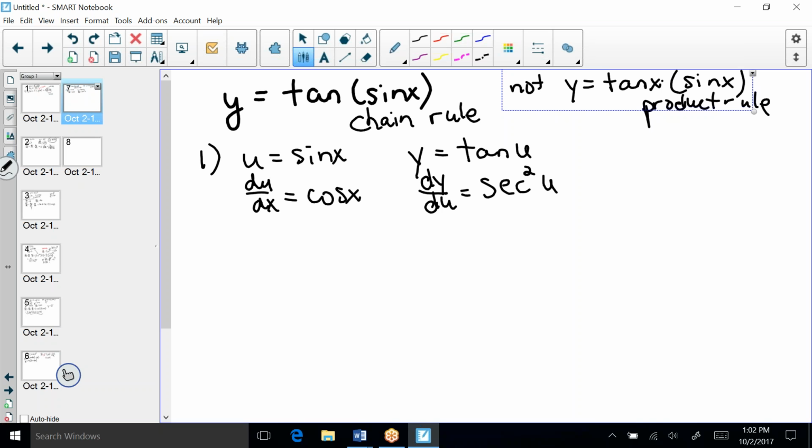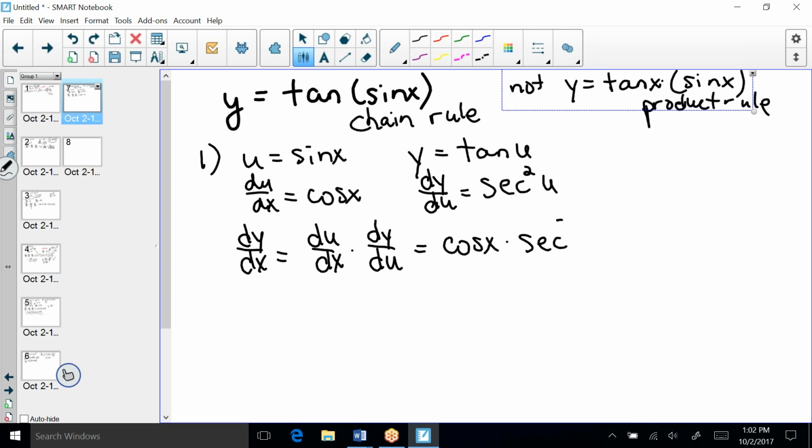All right, then to find dy/dx, we're going to put those things together. dy/dx is just what we get when we multiply du/dx times dy/du. So we're multiplying cosine of x times secant squared of u. Not secant squared of x. And then we have to write u in terms of x.